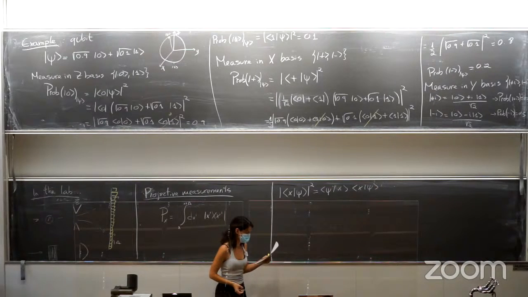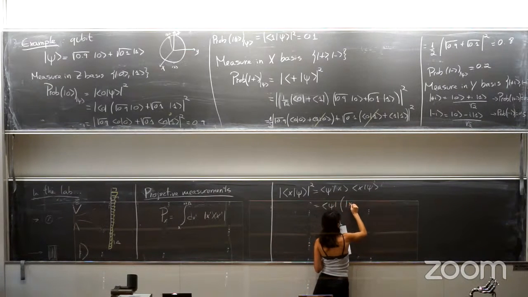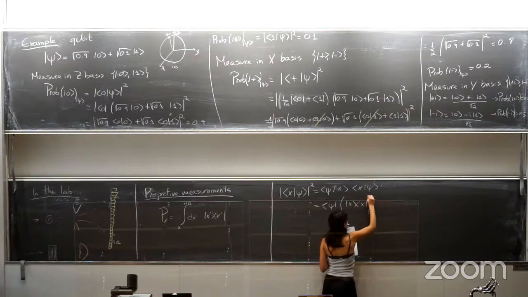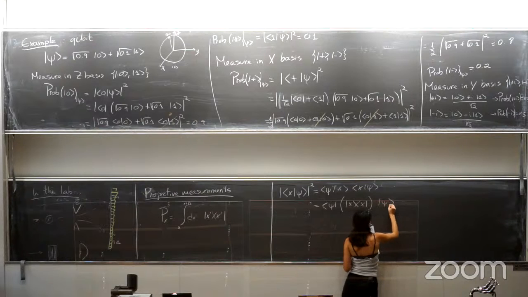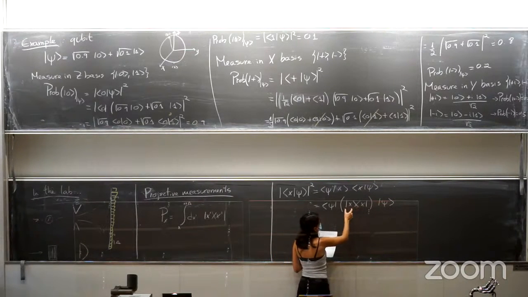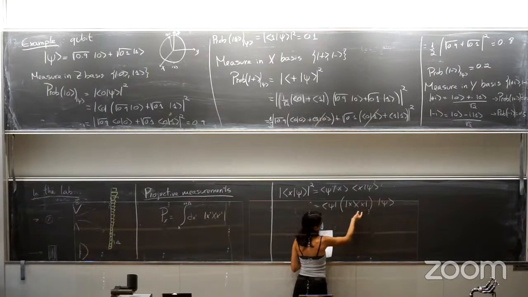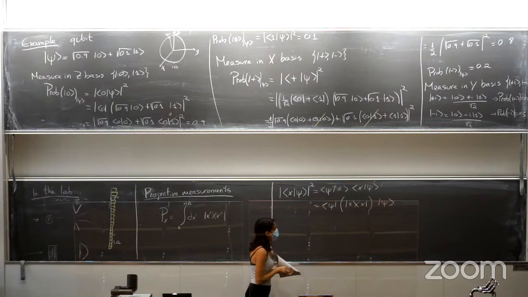So we have that. And now let's put some brackets here. This thing here is a column vector. This is a row vector. Multiplying that gives a matrix, and it's a very easy matrix.